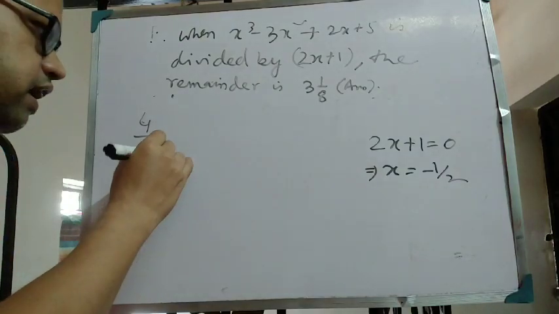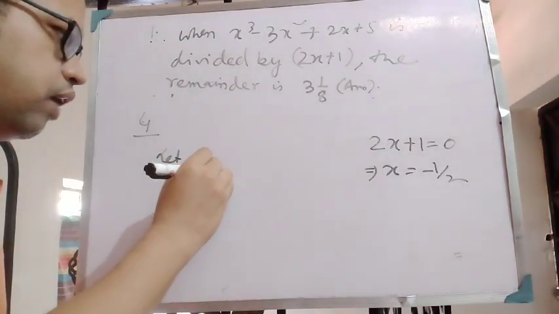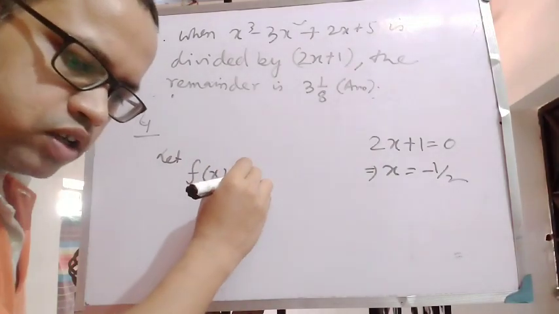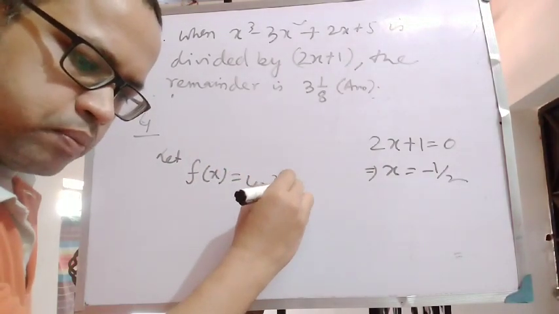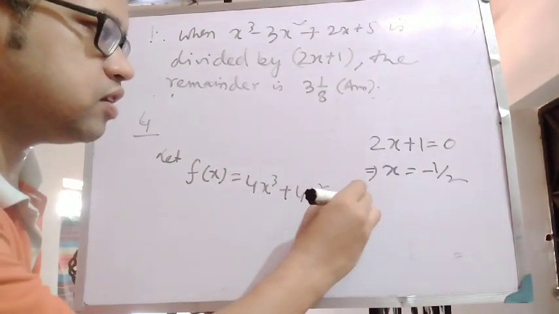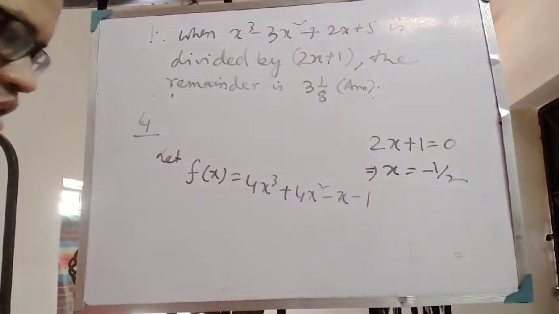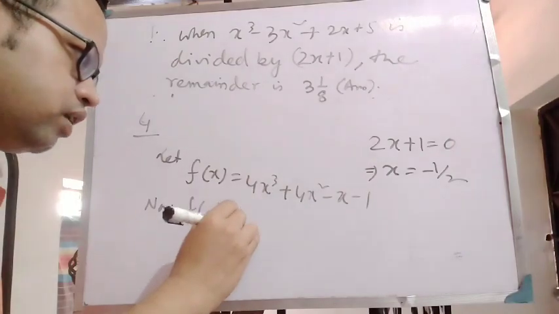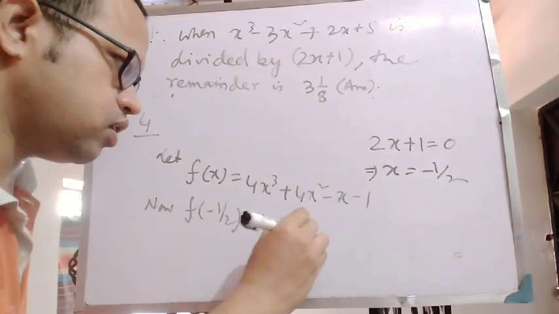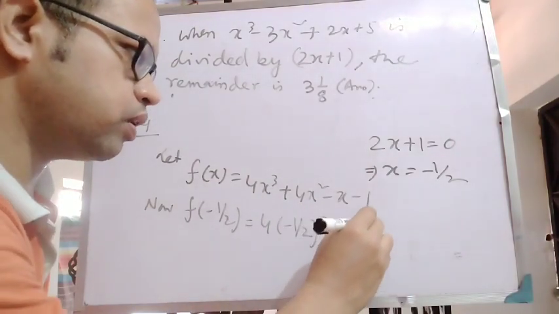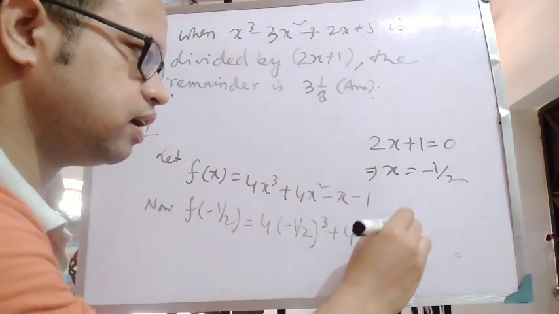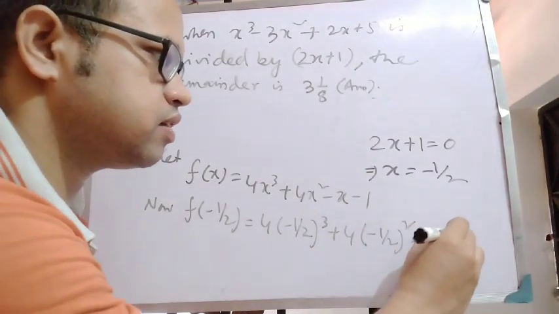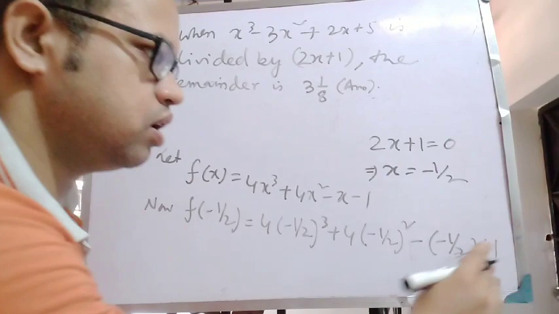So let f(x) equal the expression 4x cube plus 4x square minus x minus 1. Now f(minus half) equals 4 (minus half) cube plus 4 (minus half) square minus (minus half) minus 1.